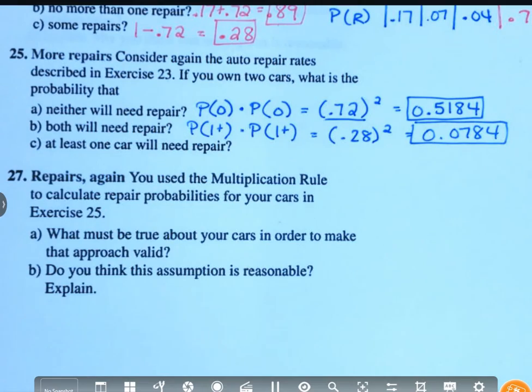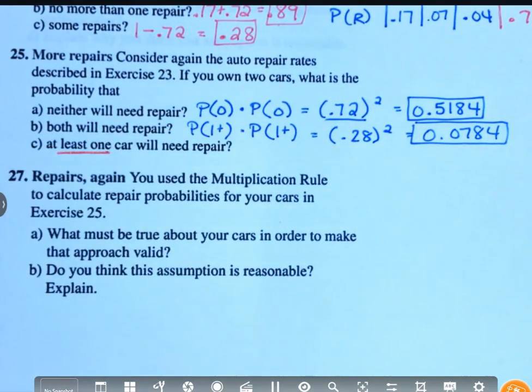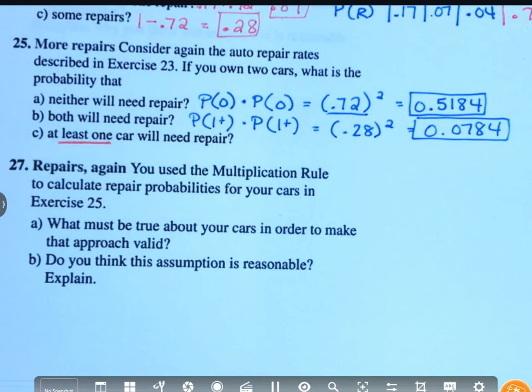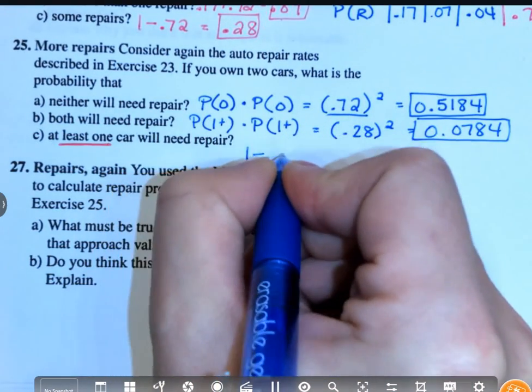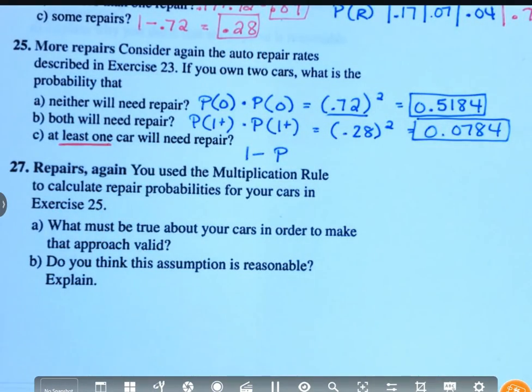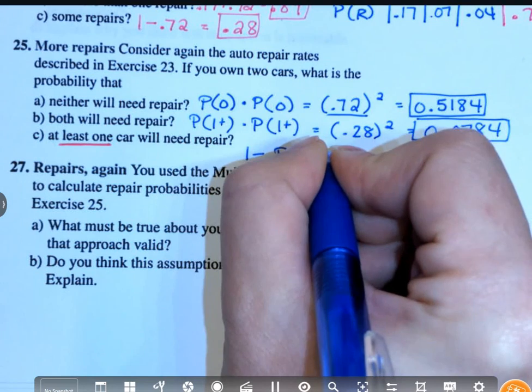All right, now we're hitting that magic thing that everybody hates. At least 1 car. How do I handle at least 1 car? 1 minus the probability of no cars. And that's for both of them.